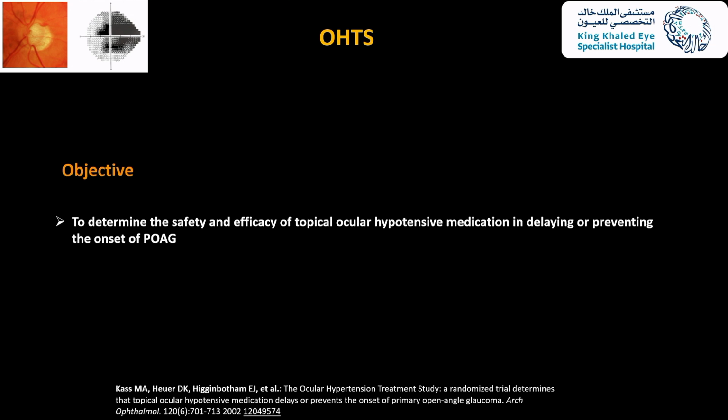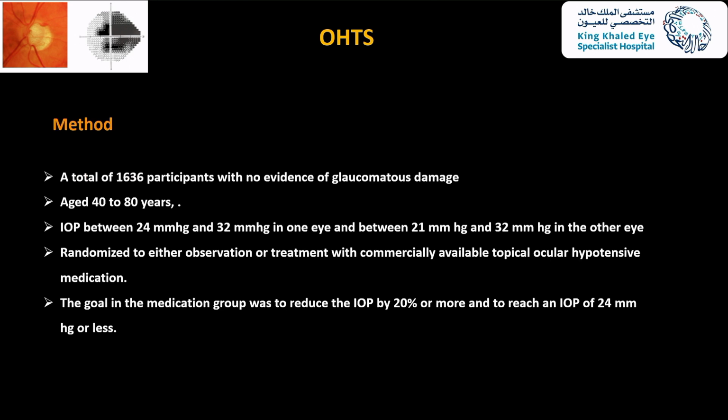So one of the largest studies is the Ocular Hypertension Treatment Study. The objective was to determine the safety and efficacy of topical ocular hypotensive medication in delaying or preventing the onset of primary open-angle glaucoma.